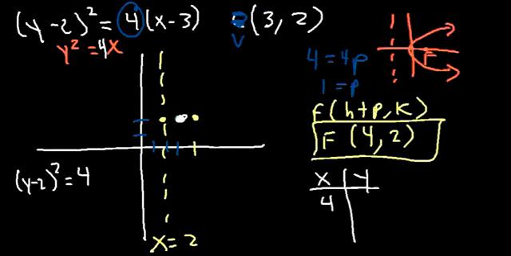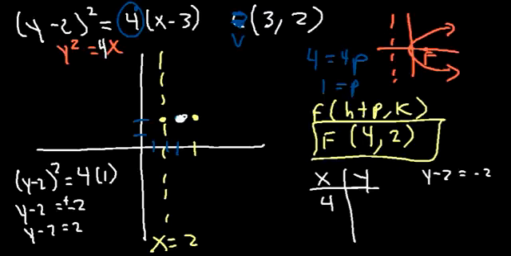it's going to be 4 times 4 minus 3 is 1. So we get that. And if we square root both sides, y minus 2 is equal to, well, we get plus or minus 2. So y minus 2 is equal to 2, and y minus 2 is equal to negative 2. So y is equal to 4.